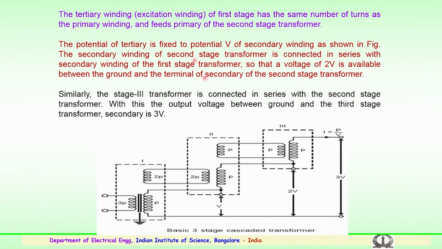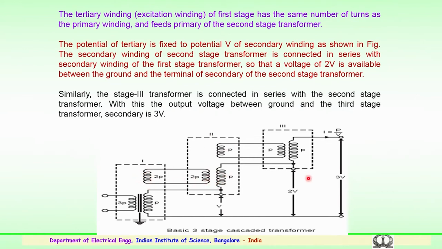The potential of the tertiary is fixed to potential V of the secondary winding. The secondary winding of the second transformer is connected in series with the secondary winding of the first stage transformer. You can see here, this is connected to the first stage.